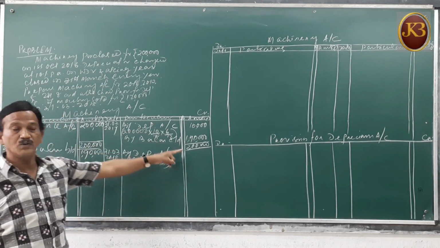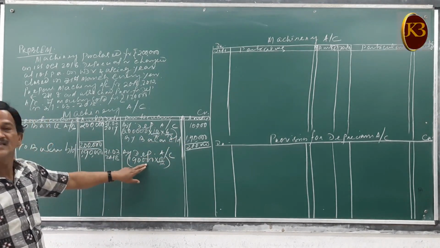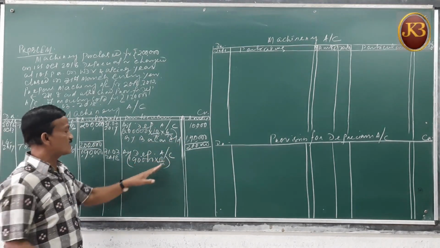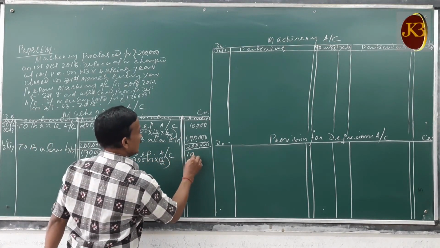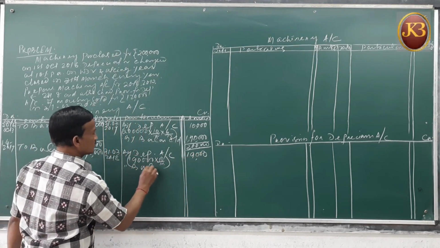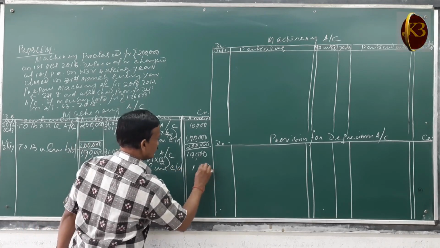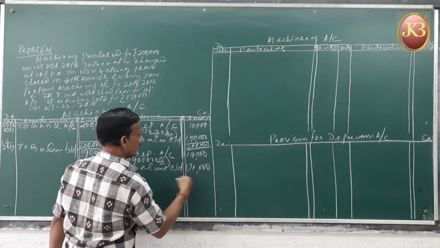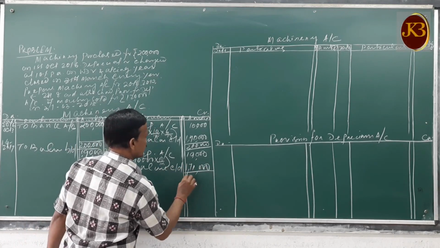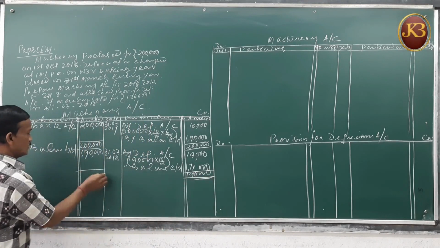Because it is the written down value method, on the balance which remains, 10% depreciation will be charged. So it is 19,000. Remaining balance carried down is 1,71,000.